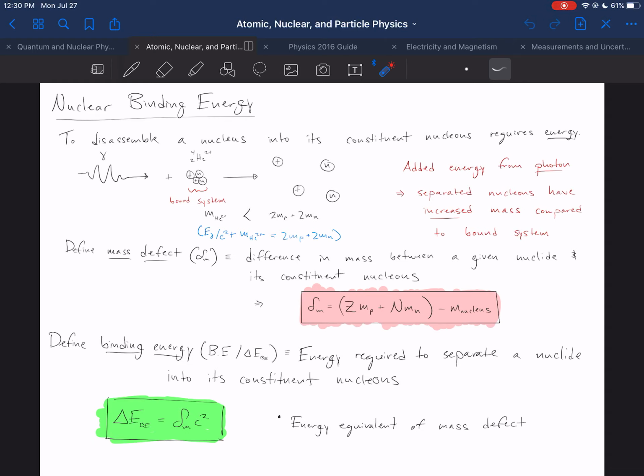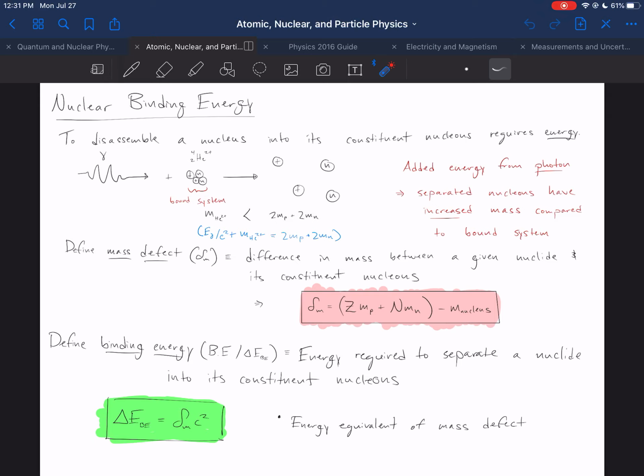That is the difference between the energy of the bound nucleus as compared to its constituents considered alone. That extra energy is known as the binding energy, the energy required to separate a nuclide into its constituent nucleons.